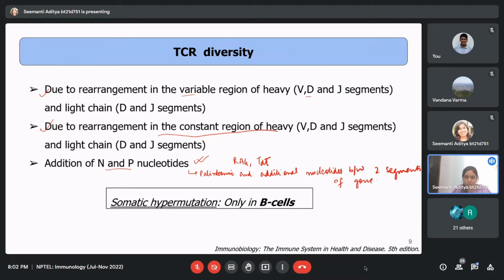Due to the addition of these nucleotides, and this will be a random addition, we do not know what kind of nucleotides it is going to add. So random addition is going to increase the diversity of your T cell receptor.